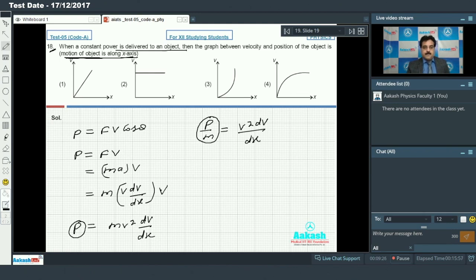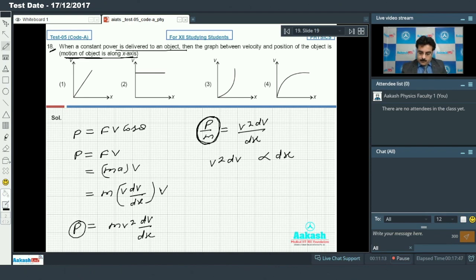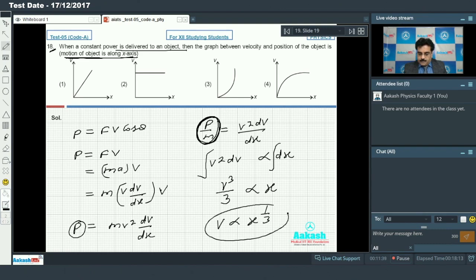So we can take this P upon m as a constant, so we'll write v square dv is proportional to dx, because the power in the question is given as constant, and we can write mass as constant. So when you remove this term P upon m, we will write v square dv directly proportional to dx. So now I am going to take integration. So we will get v cube upon 3 is directly proportional to x, and 3 is a numeric constant. So we have v is directly proportional to x to the power 1 by 3.